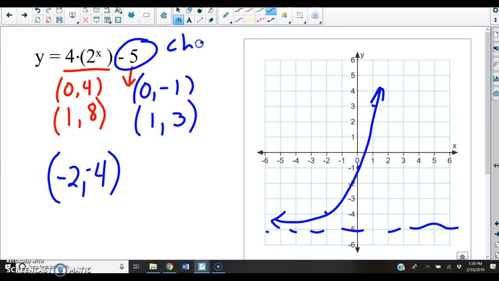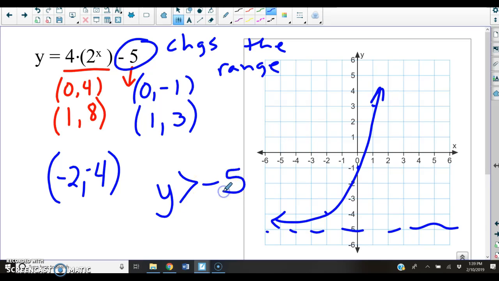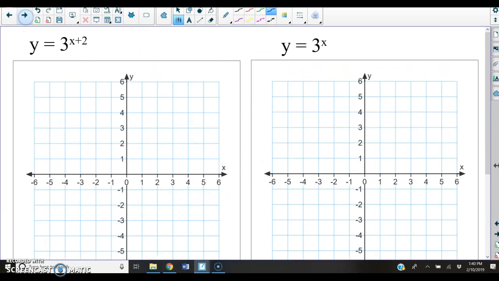So this changes the range. Okay, now instead of saying y is greater than 0, whoa, that moved it down. Y is greater than -5. You can still put anything you want to that. But when you add or subtract after you do the other stuff to your power, that moves your graph up and down, just like it did with quadratics, just like it did with absolute values, treats it exactly the same.